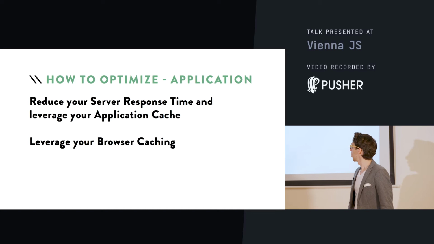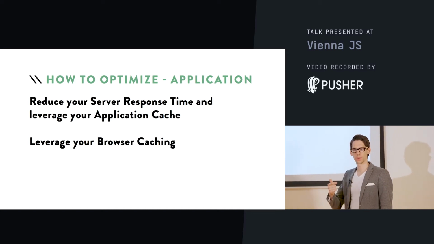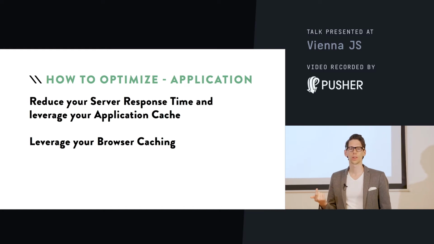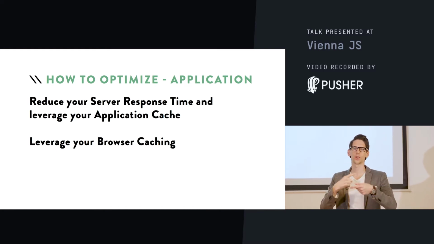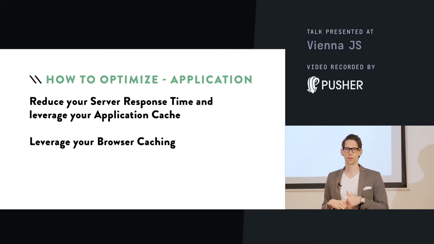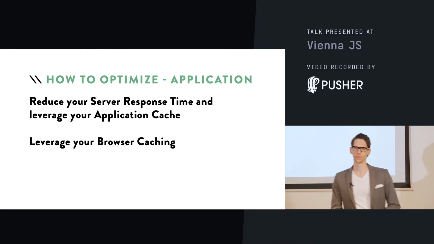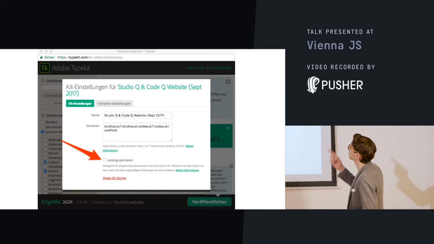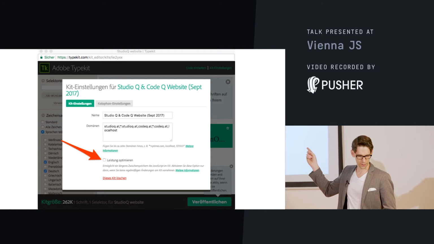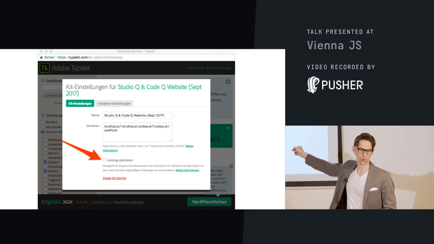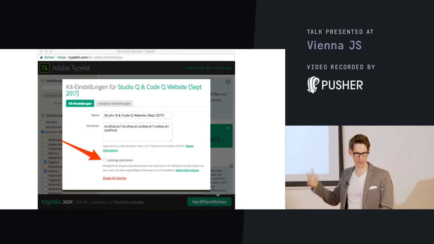And if you have your images on something like Amazon AWS or Google Cloud, every time you change the image, it creates a new URL anyway, so you can cache it for as long as you want. And if you use something like Typekit, many times there's an optimization to say use long caching times.